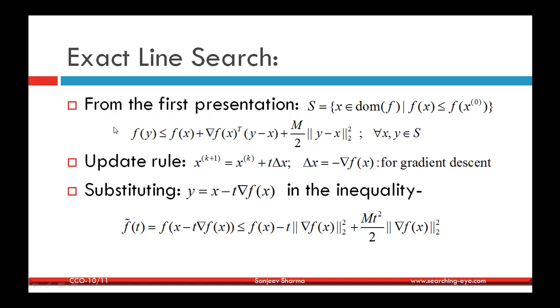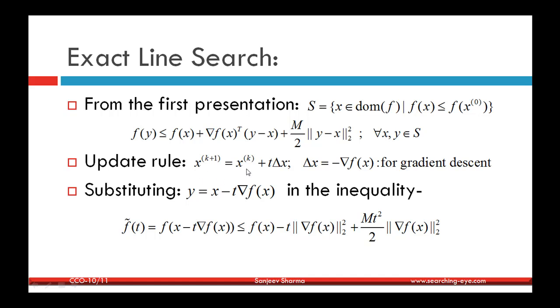We just replace y with x minus t del f of x, and the resulting function f tilde of t is less than or equal to f of x minus t times the square of the norm of the gradient of the function, plus m times t square over 2 times the square of the norm of the gradient of the function.